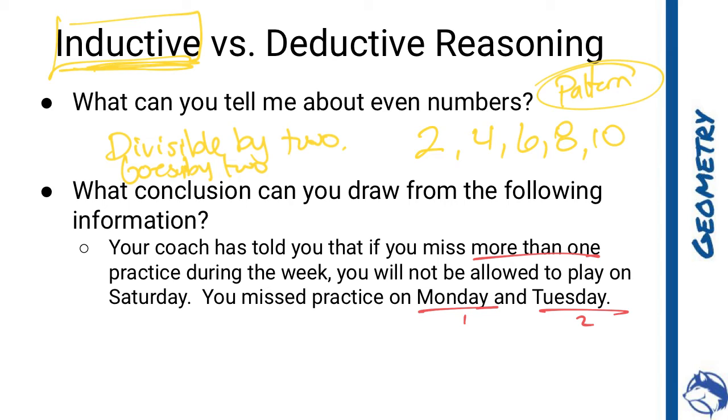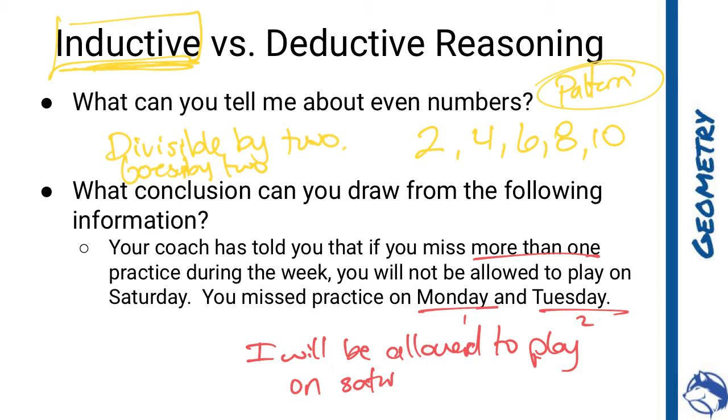So if I missed more than one practice, then I'm not going to be able to play on Saturday. So basically what I'm going to be able to deduce from this, or conclude, is that I will not be allowed to play on Saturday.